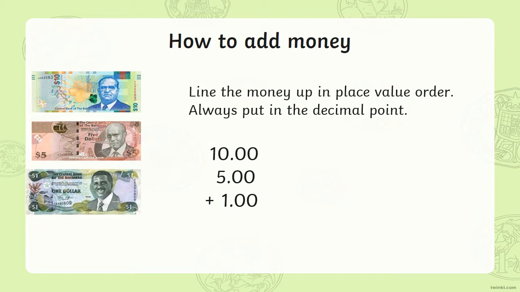That separates the dollars from the coins. And when we add, we also must have the decimal point in our answer for it to be correct. So when we add them together, we have $16.